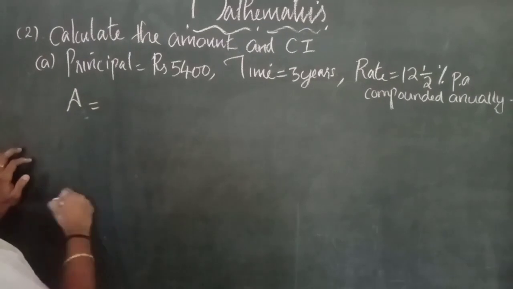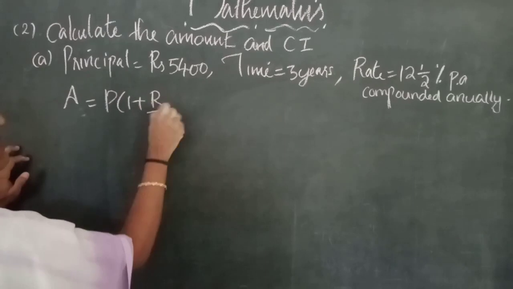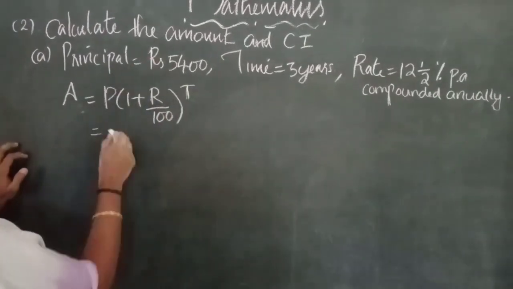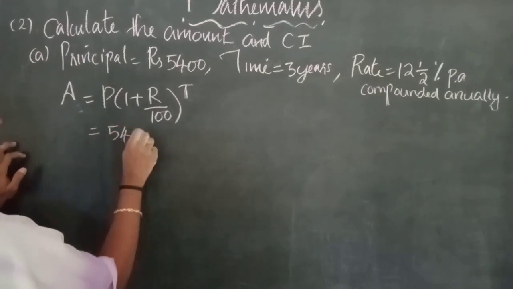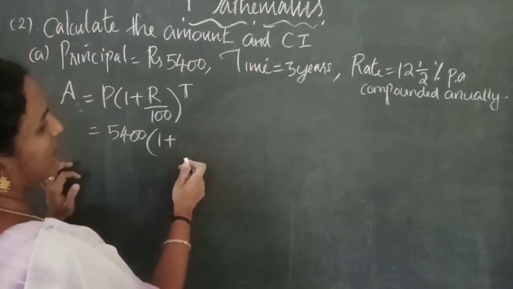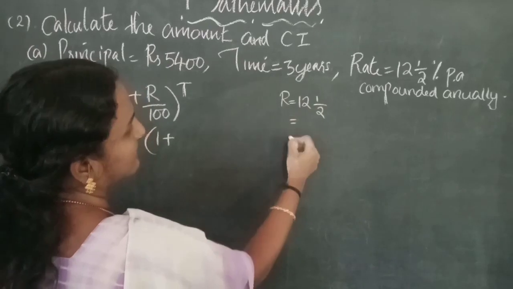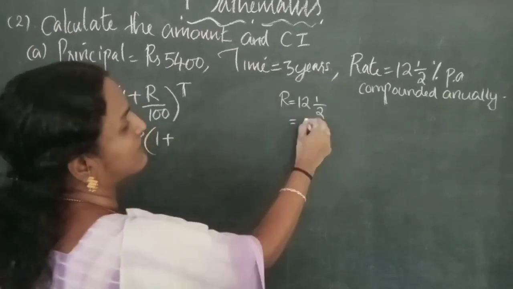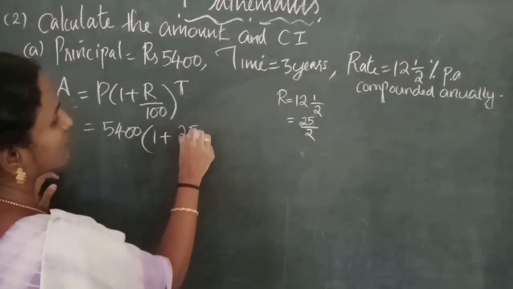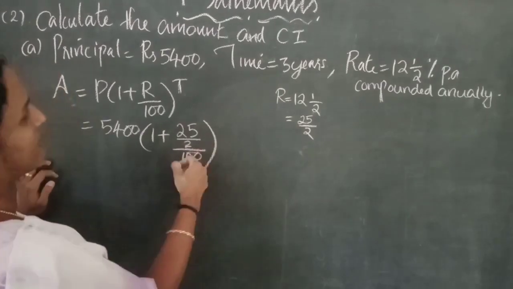So amount A is equal to the formula P into 1 plus R by 100, the whole power T. Here principal P is equal to 5,400 into 1 plus R, rate 12 1/2. So R is equal to 12 1/2, which can be written as 12 into 2, 24, 24 plus 1, 25/2. So 25/2 divided by 100, the whole power T.